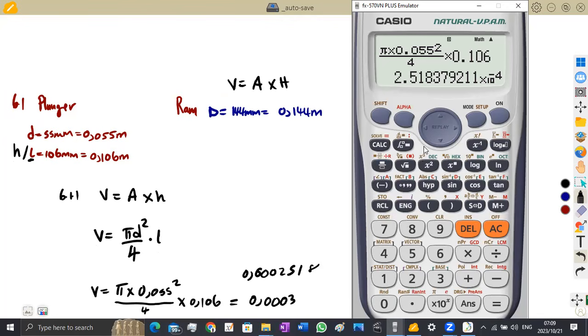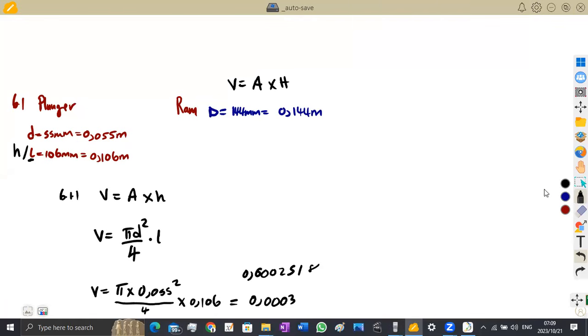If you check, it is to the exponent of -4 in this case. Meaning to say, we've got about 4 zeros that you're going to have. So you can just write it this way so that you do not confuse the issue of the zeros. But in actual sense, it's something like 2.518.